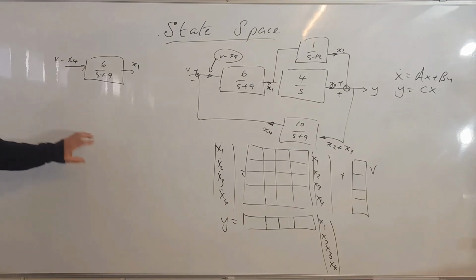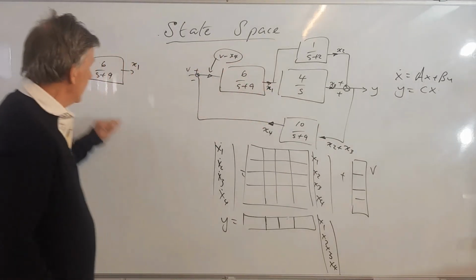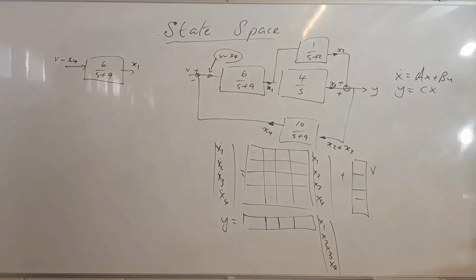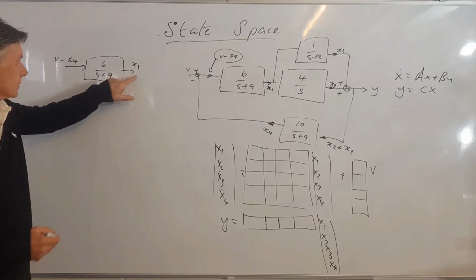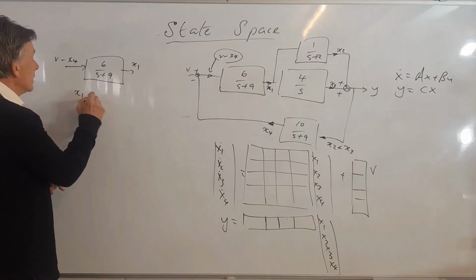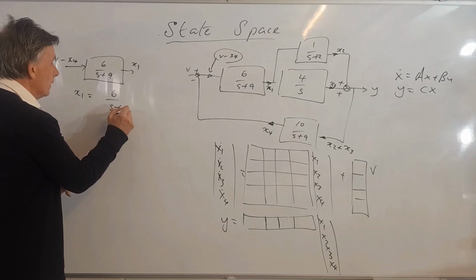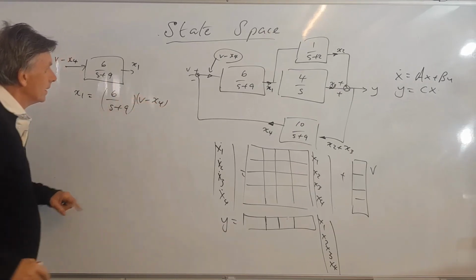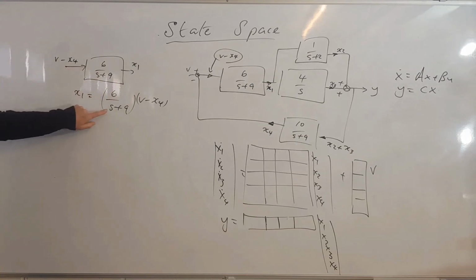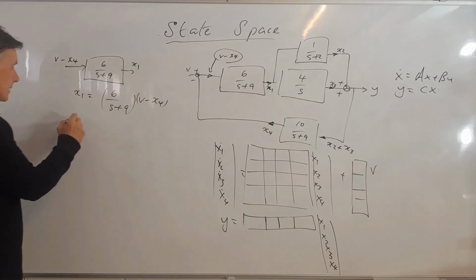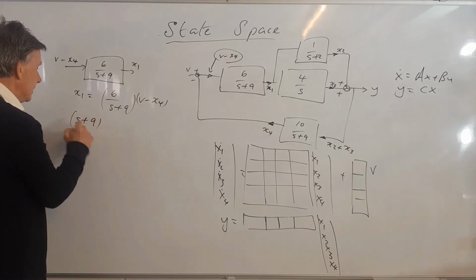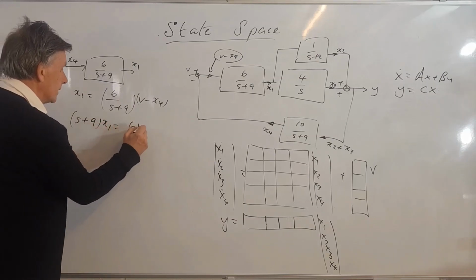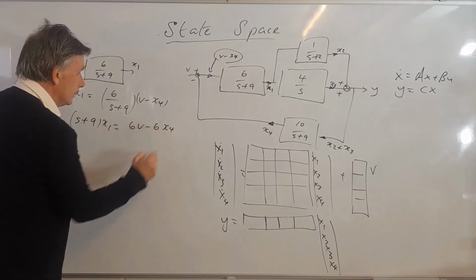So we start off by picking each box at a time, figuring out what's going into the box and what's coming out of the box. So this one now we said x1 is equal to 6 over s plus 9 times v minus x4. So this is this times this. Then we can move this term here up here to get s plus 9 times x1 is 6v minus 6x4.